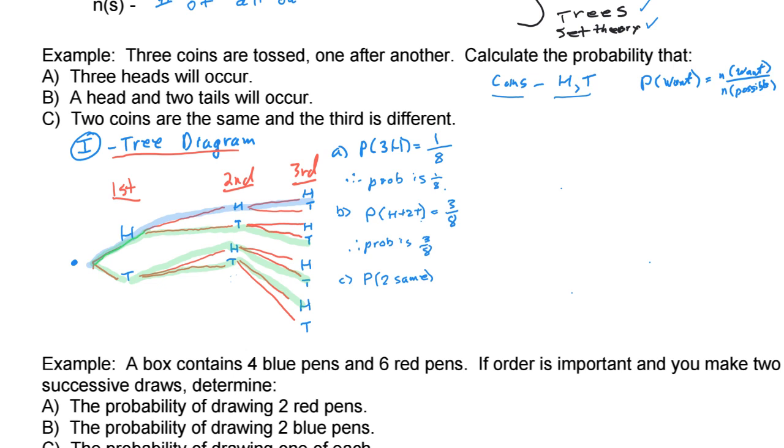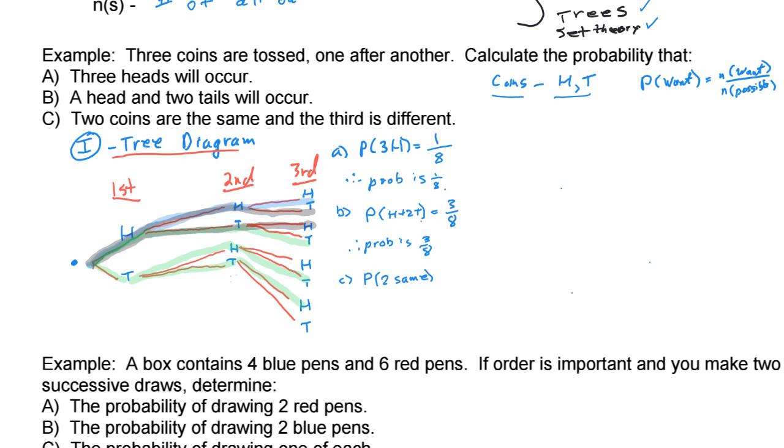So in this case, we start here. We have a head, and then we could have, say, another head, and then finally choose a tail. Then we could have head and then tail and then head again. That's 2 spots.